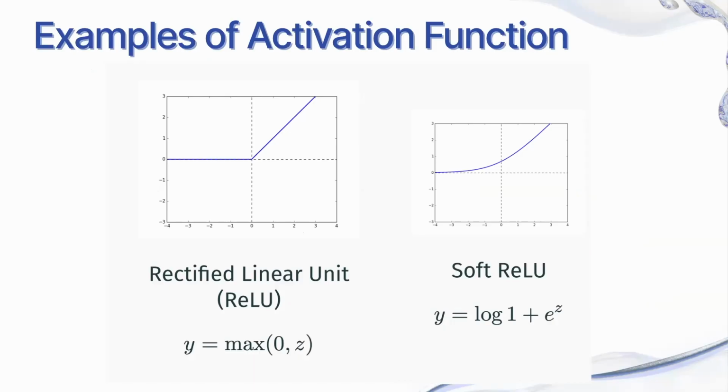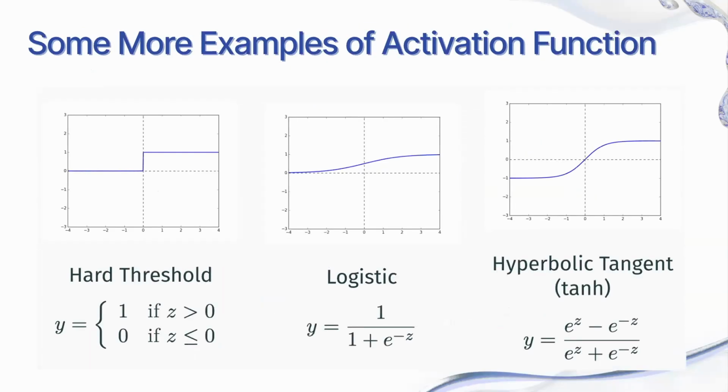It's a very simple modification, but it works as an activation function. Some other examples are the hard threshold, the logistic function, and the hyperbolic tangent function. Tanh is the one we will look into today and see what kind of behaviors it causes for our input.